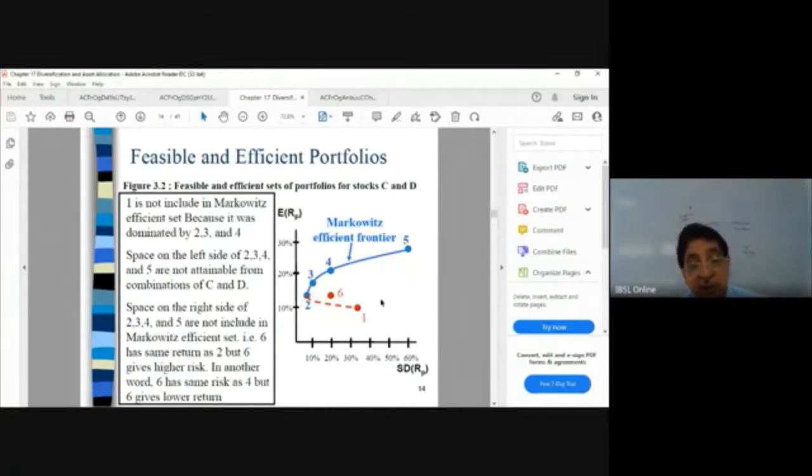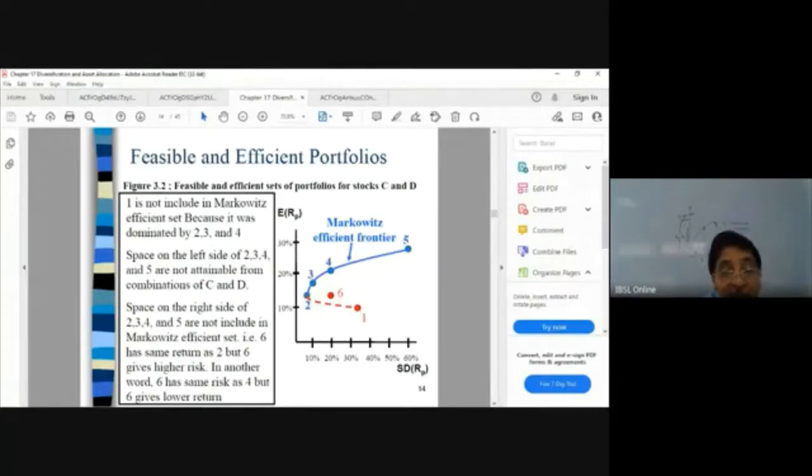I want to just tell that this portfolio theory is also known as Markowitz theory, and Markowitz is the person who invented these things. This dotted red line really signifies the non-efficient type of portfolio.